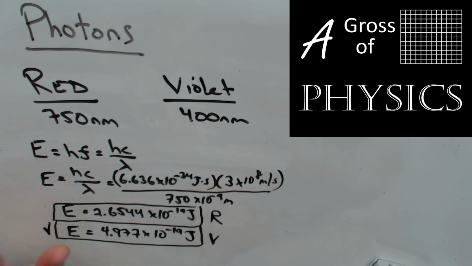And typically people like to remember the frequency because that's how our reference table is listed. It lists from low to high frequencies. So gamma radiation is going to be all the way on the right, and that is the most energetic of the forms of light. But in this case, in terms of visible light, red is going to be less energetic than violet. Violet has more energy because it has a higher frequency.